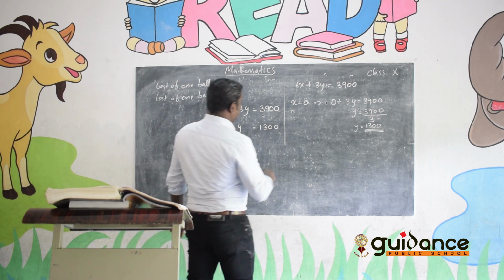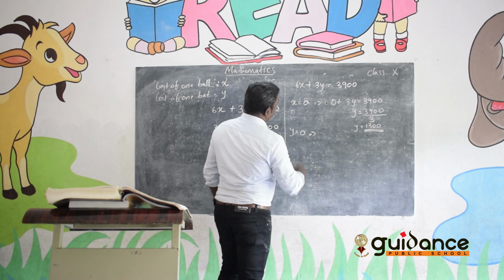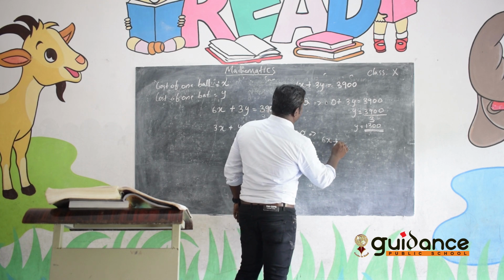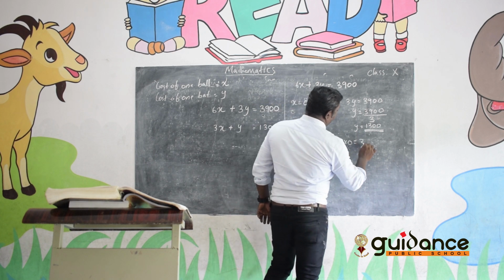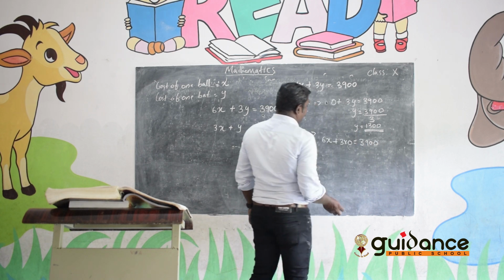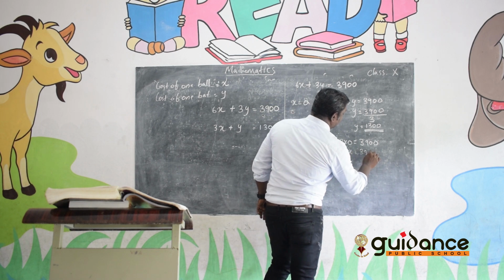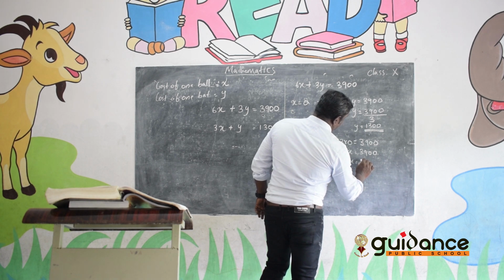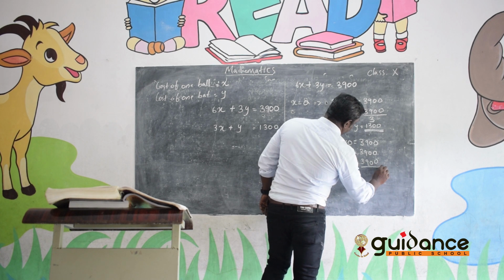Then we give y equal to 0, which implies what we get? 6x plus 3 into 0 equal to 3,900. Then 6x equal to 3,900, so x equal to 3,900 by 6.